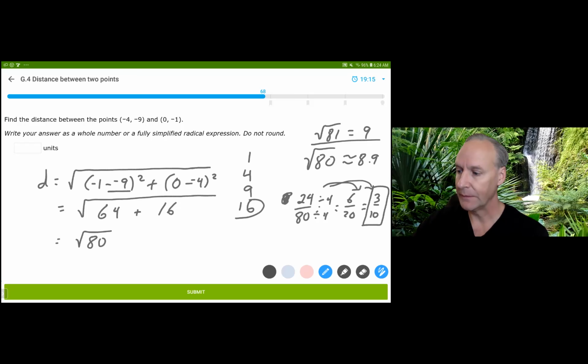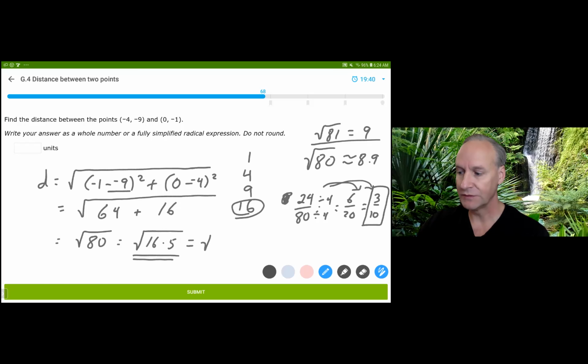You want to look for the biggest perfect square factor. Anyway, there it is. Square root of 16 times 5. Now, eventually, you're going to take out this middle step, and you're not going to see it anymore. I think some teachers start taking this step out too soon, and students need this step for a while. So make sure you include it.